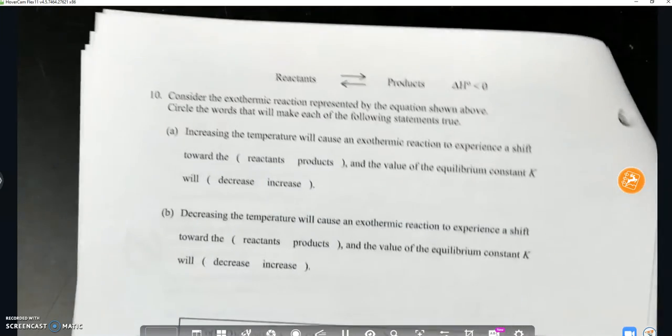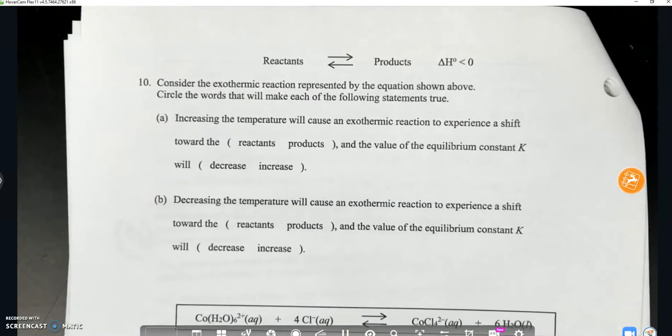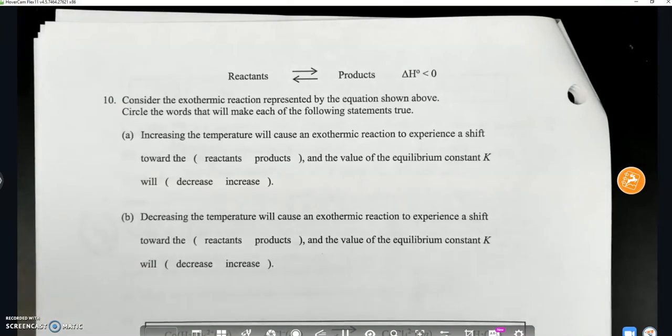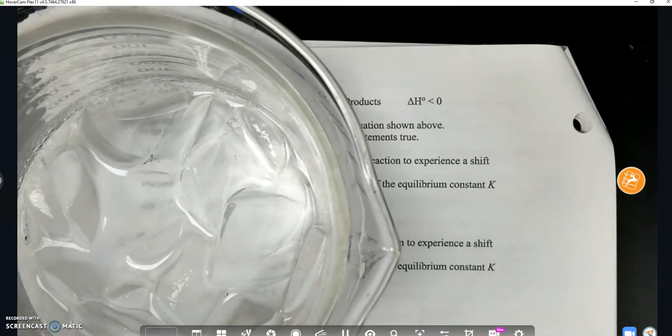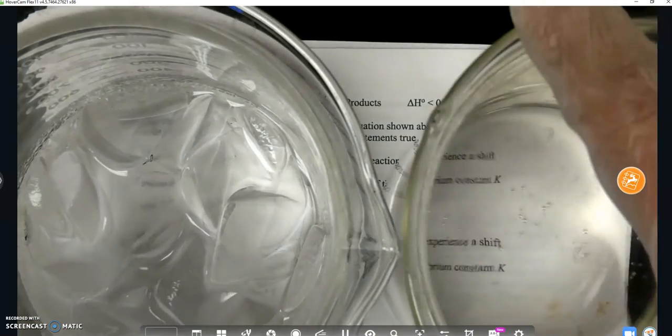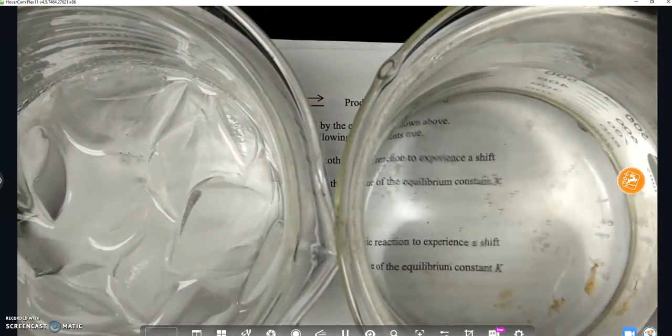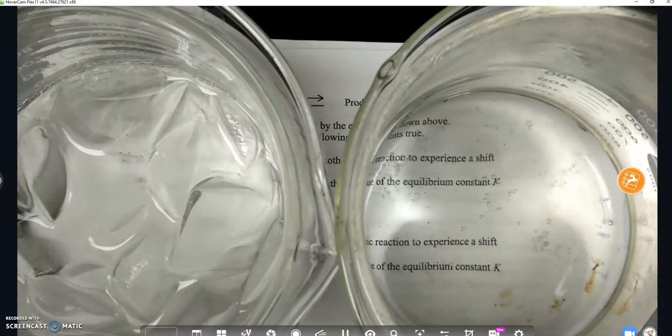So we're going to go to the last page right before your post lab. Okay, so what I've got here is 2 beakers, one's hot and one's cold. So I'm going to take 2 test tubes.